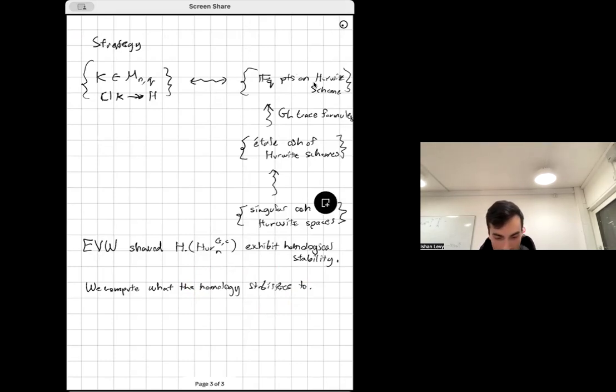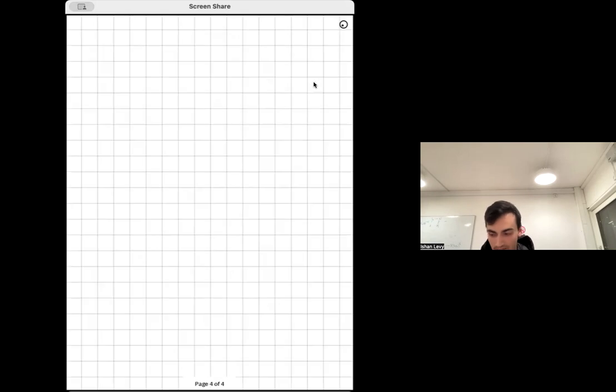Okay, so I want to first explain what these Hurwitz spaces are. So let G be a group and C be a union of conjugacy classes in this group.